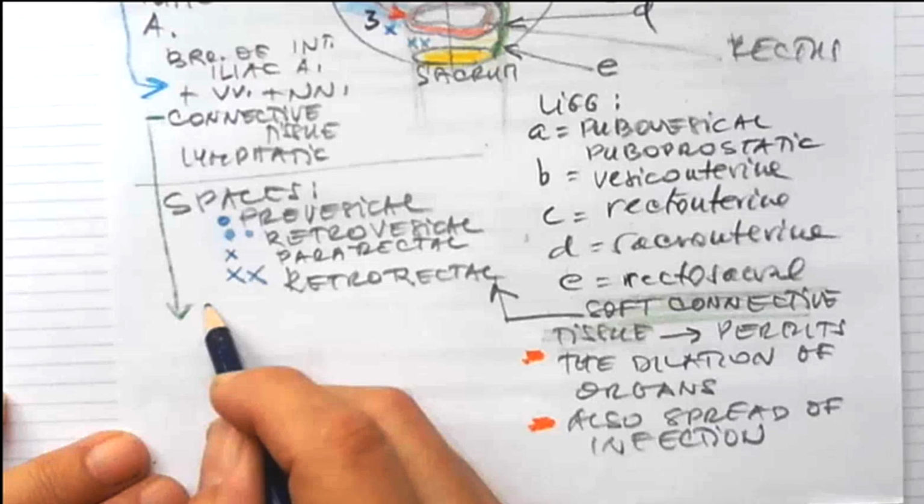So we could say vagina, and here we have the uterus, the wall, and coloring also the uterus, because the myometrium is the thickest part.